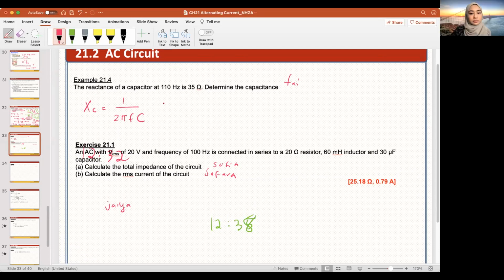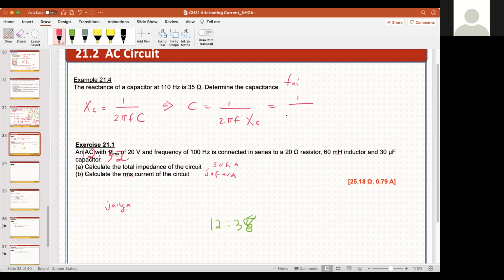Let's rearrange to make capacitance the subject: 1 over 2 pi F XC. Then substitute the values. The final answer, with 2 pi F being 110. This is your XC, so 35. The answer? Okay, 4.13.